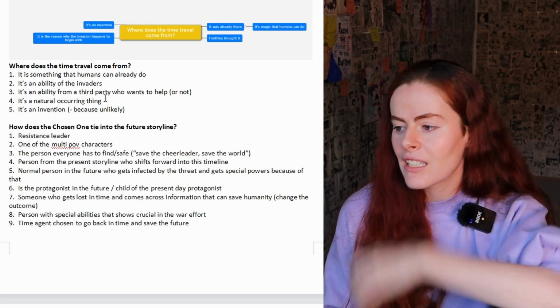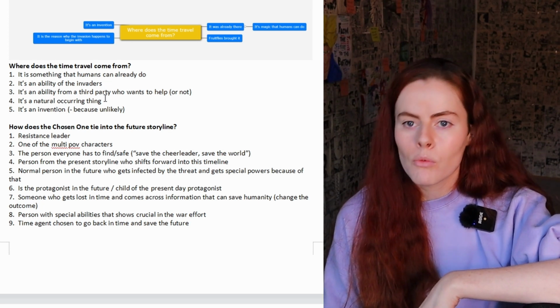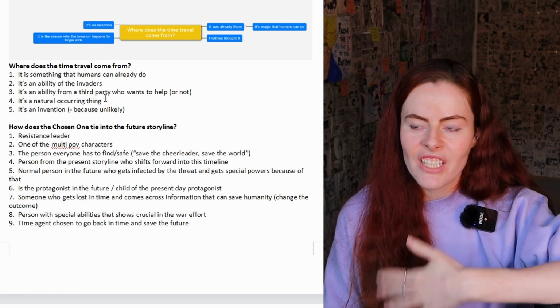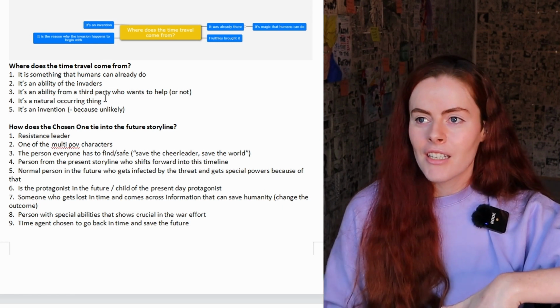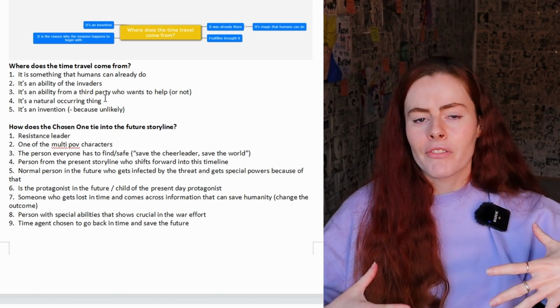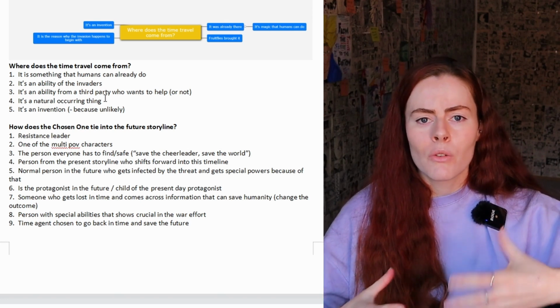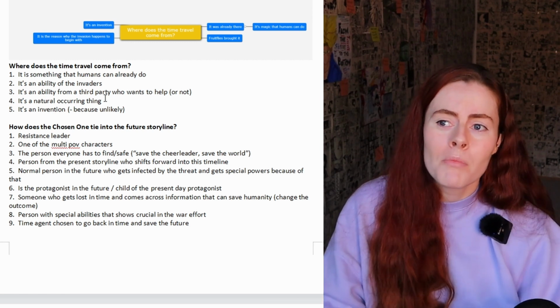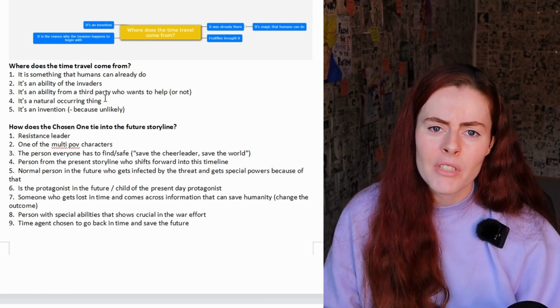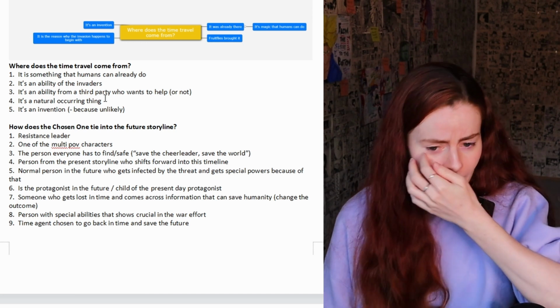The other thing I really don't like is time travel being invented while they're being attacked. That seems so unlikely. First you have an alien attack from something you didn't even know existed, didn't even know there were other worlds, and at that moment you're also inventing time travel. Seems so unlikely.